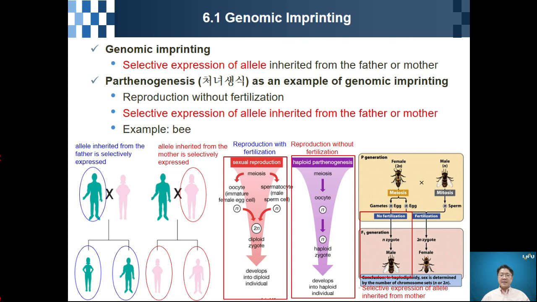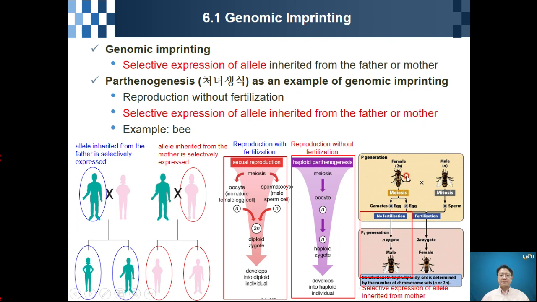In these cases, selective expression of the allele inherited from the mother happens. This is what we call haploid parthenogenesis. So parthenogenesis is also an example of genomic imprinting, where only selective expression of the allele inherited from the father or mother happens.